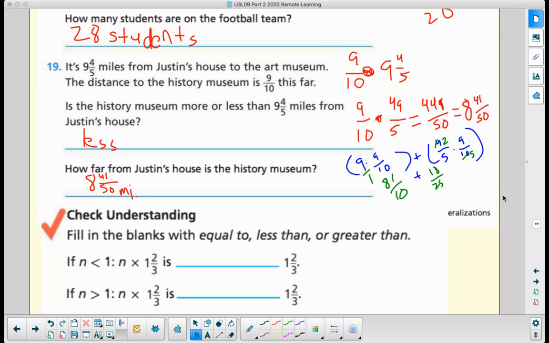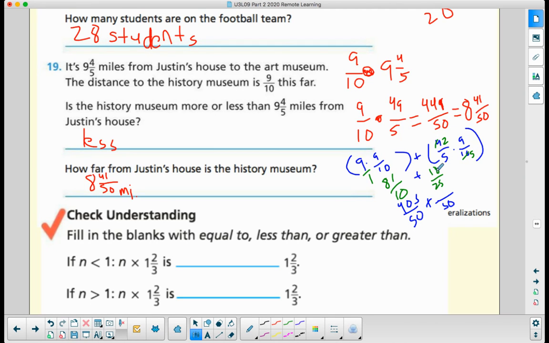So I have to change them into 50ths by multiplying by 5 here, and multiplying by 5 here would be 405. And multiplying both these by 2, 25 times 2 is what gives me 50.